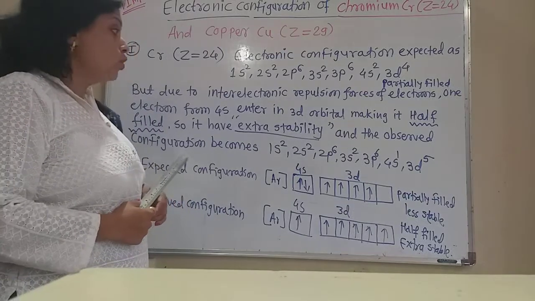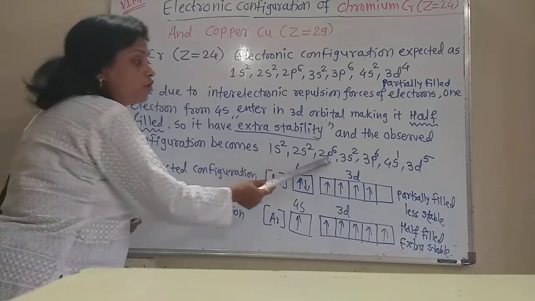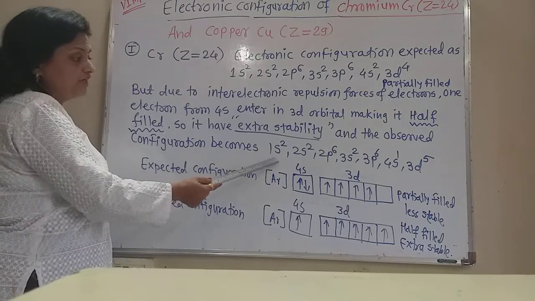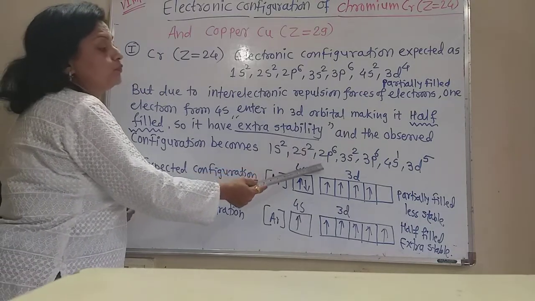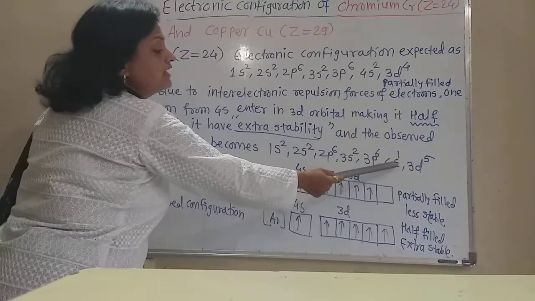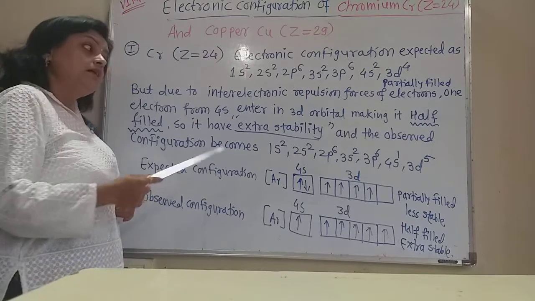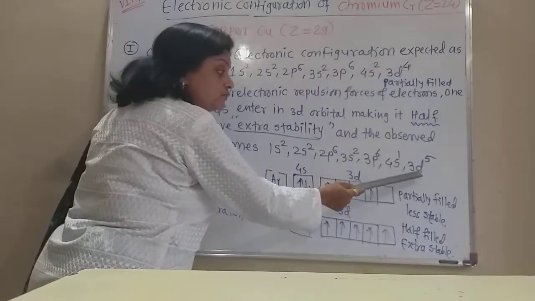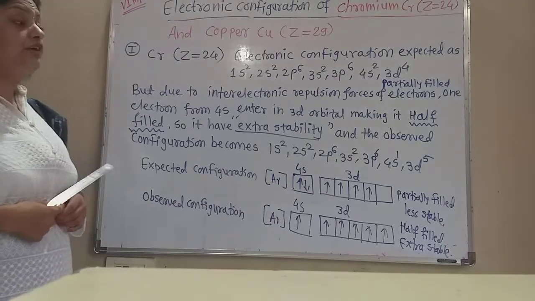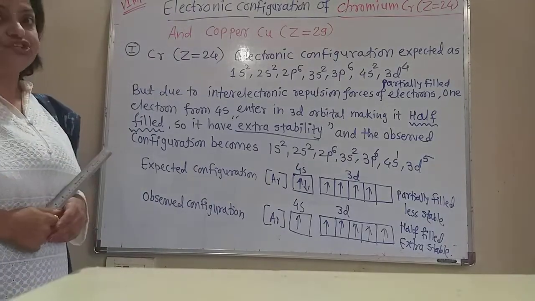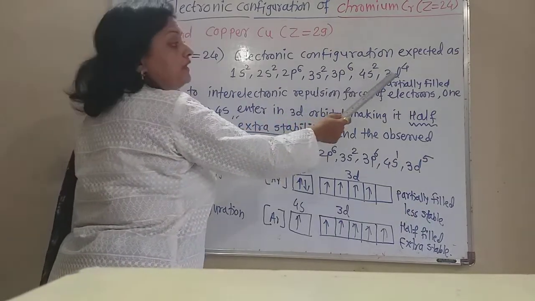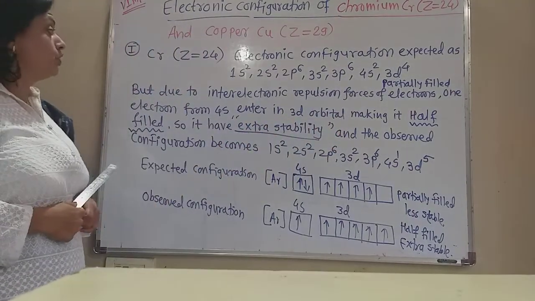So see the new configuration: 1s2, 2s2, 2p6, 3s2, 3p6, 4s1, 3d5. In this configuration both the 4s and 3d orbitals are half filled, so they have extra stability compared to a completely filled 4s orbital and a partially filled 3d orbital.